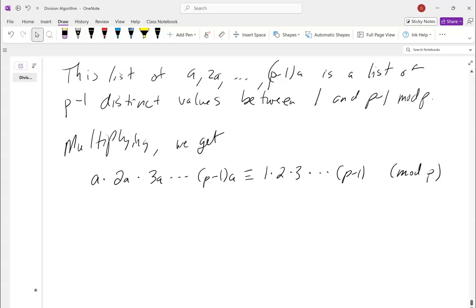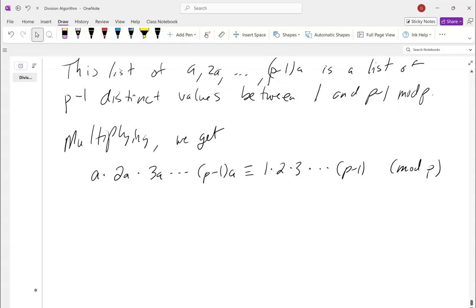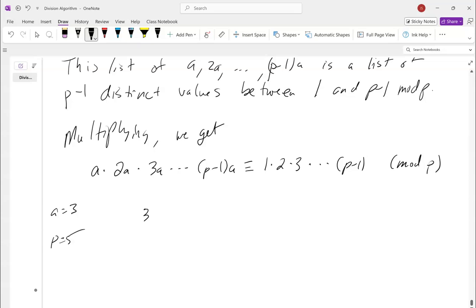Let me give it a specific example. Maybe it'll help illustrate. Okay. Let's let A be 3. And so my A is 3, my P is 5. Okay. So then I look at the numbers 3, 6, 9, 12. That's A, 2A, 3A, 4A. All right.